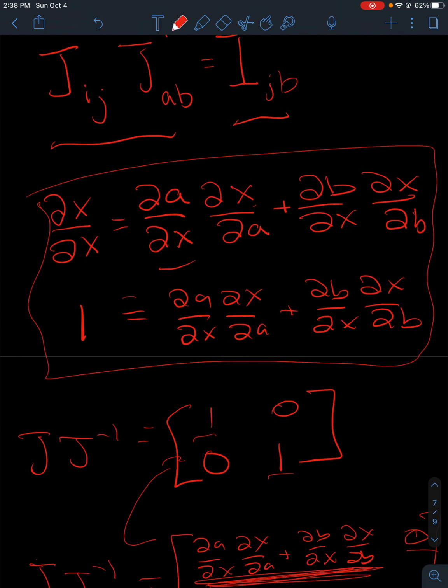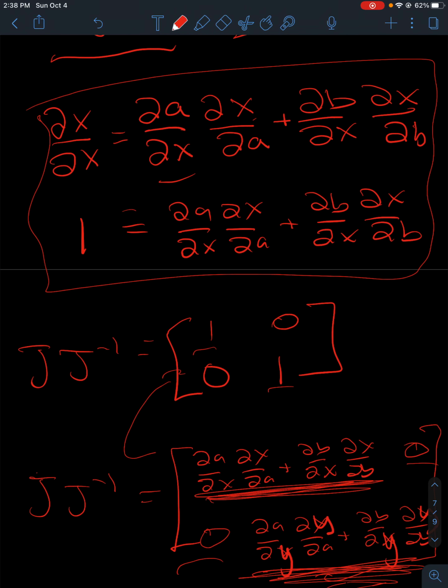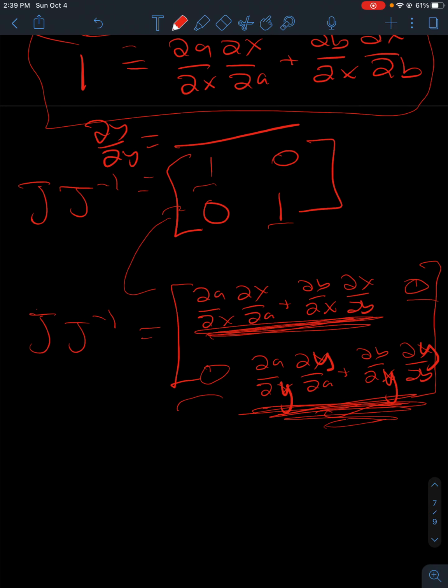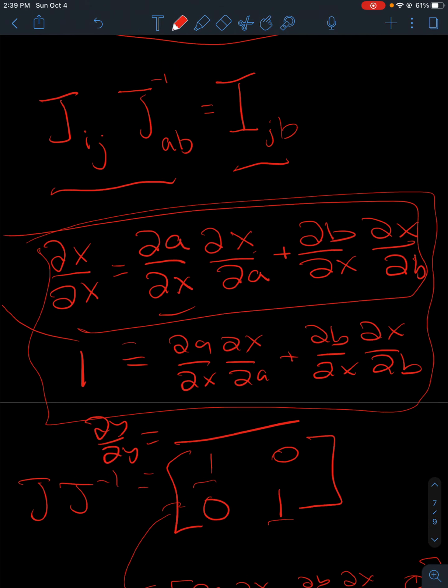If you multiply these two matrices together, you get this expression for the first entry, the partial y over partial y expression for the last entry, and zeros for the 1, 2 entry and the 2, 1 entry. So yeah. And the second thing, we're going to talk about tensor transformations.